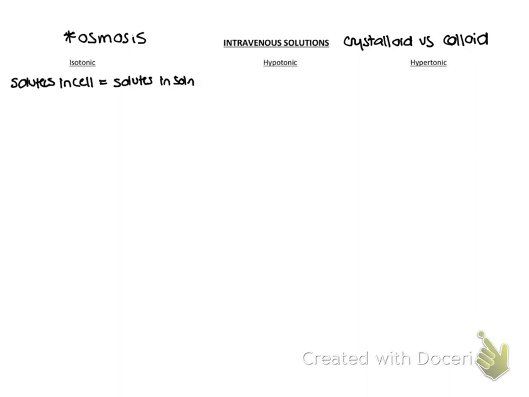All right. So when we talk about an isotonic solution, we're talking about IV fluids, okay? When I talk about an isotonic solution, I have the solutes in the cell equal to the solutes in the solution. So the little red circles are solutes, water is in blue. You can see I have 1, 2, 3, 4 solutes outside the cell, and I have 1, 2, 3, 4 solutes inside the cell.